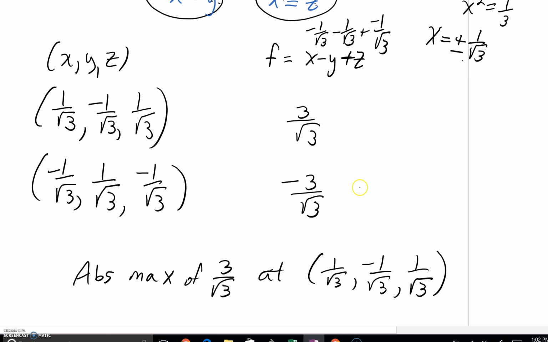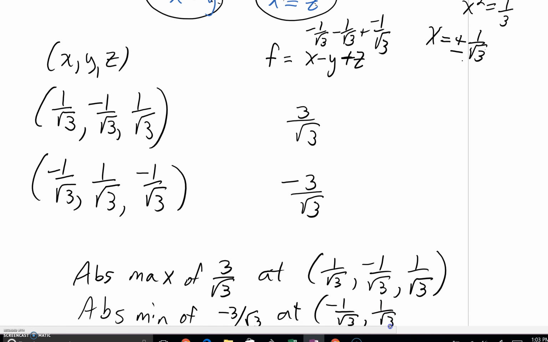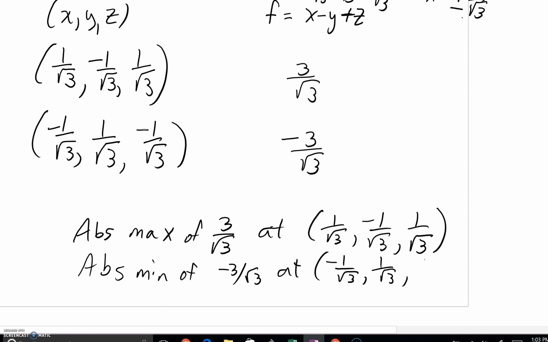Similarly, we can go ahead and say we've got an absolute min of the negative 3 over radical 3 at that other location. So what did we just do? Well, we found our absolute max and min values. We also found the x comma y comma z where they occur. We doing okay? All right.